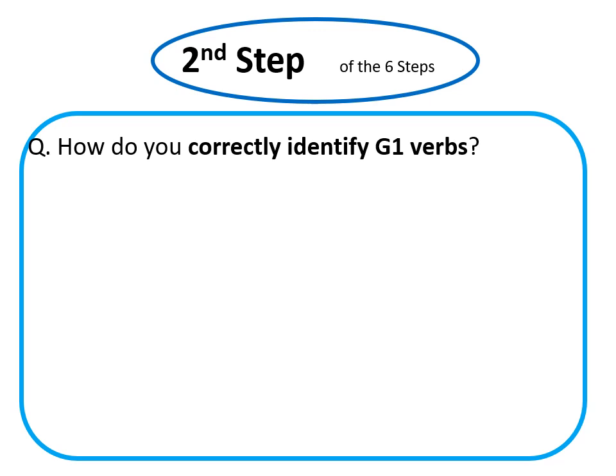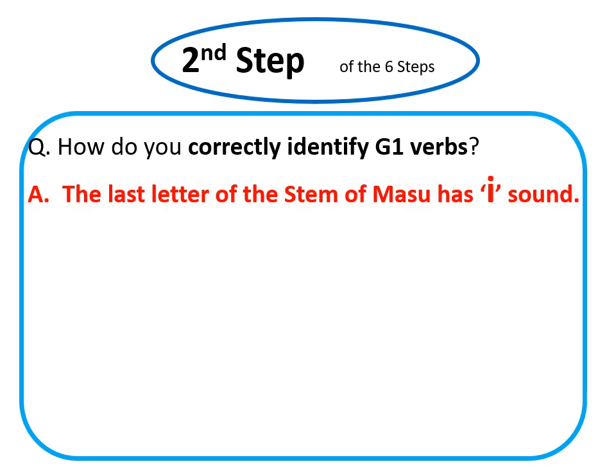So how do you correctly identify group 1 verbs? What are the significant characteristics of Japanese group 1 verbs? Can you answer the question? The answer is: the last letter of the stem of the masu form of group 1 has an "i" sound.